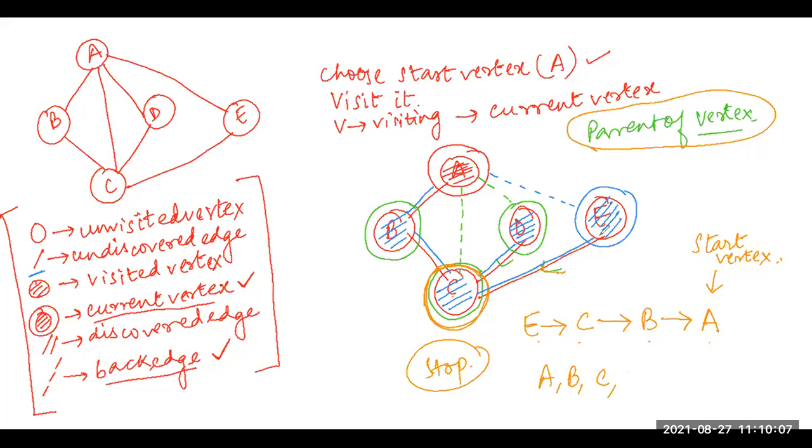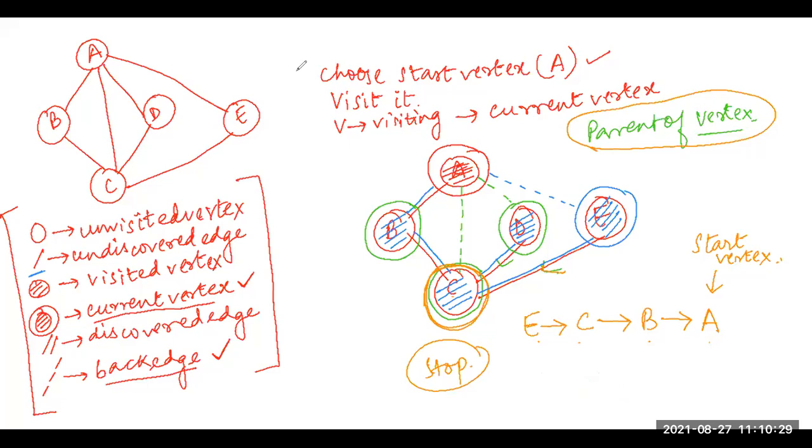Excellent. From E, we backtrack to C. From C, we backtrack to B. From B, we backtrack to A. Yes, right, this is the logic.